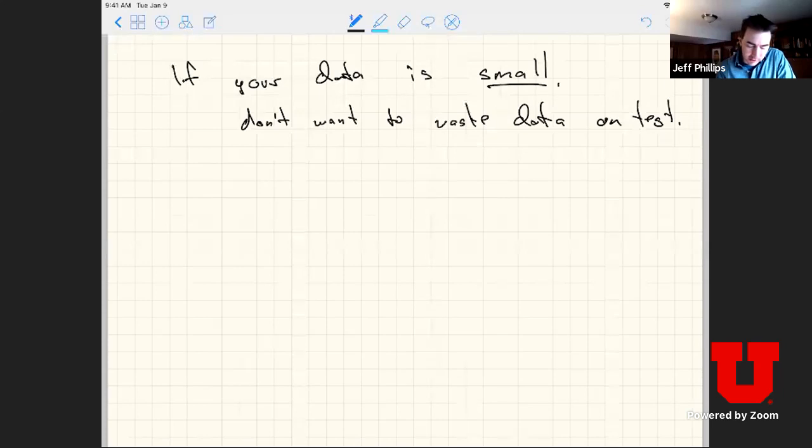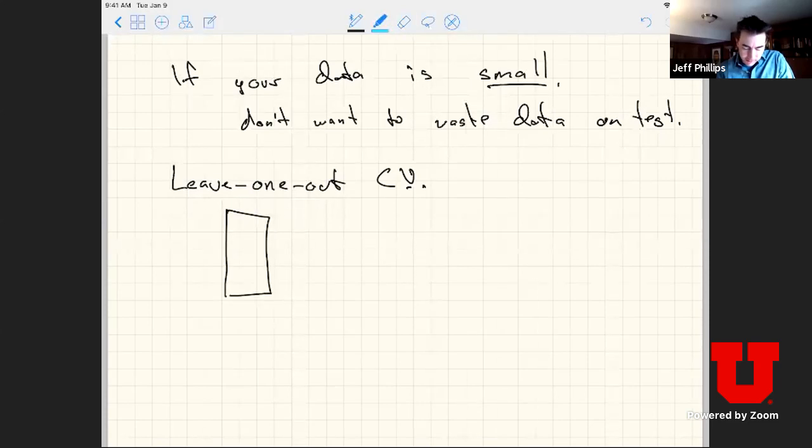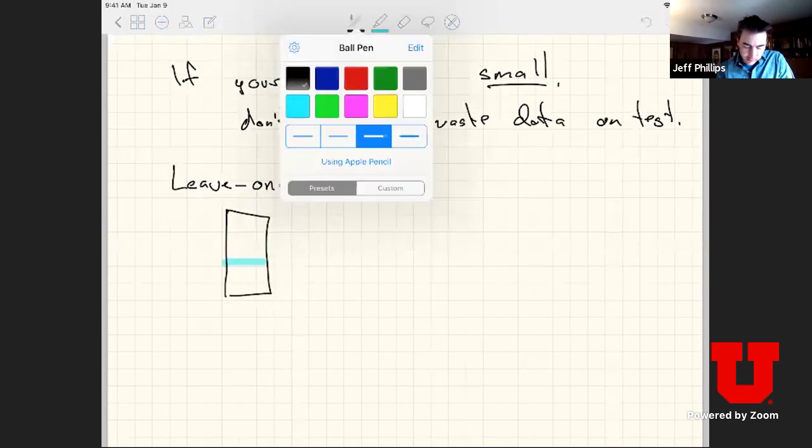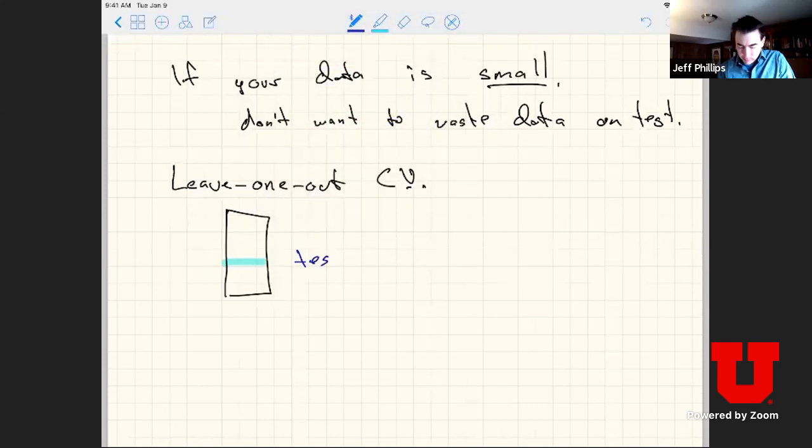The other thing they did is leave-one-out cross-validation. This is where you split your data set into pieces such that each time the test set is of size 1, but you try all of them.